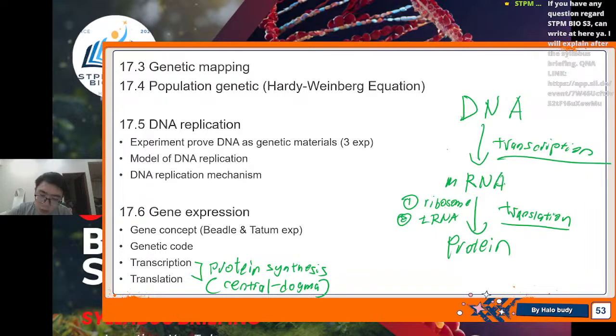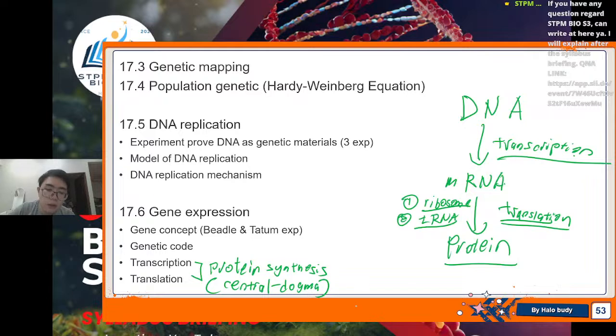Yang ni basic concept of central dogma, based on protein synthesis. Sangat basic kan? You have to learn the mechanism. Macam mana DNA menghasilkan mRNA and also macam mana mRNA ni menggunakan ribosome dan tRNA menghasilkan protein. This involves translation. Sangat basic one, but in the process you have to learn lah.